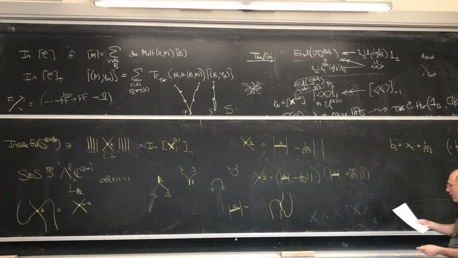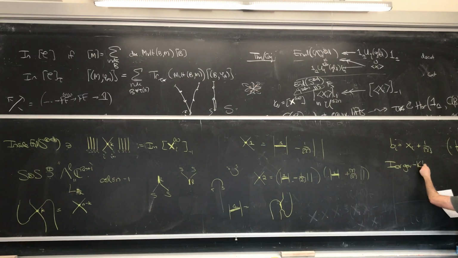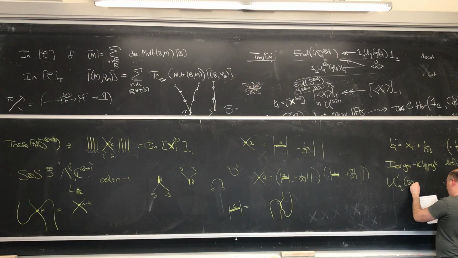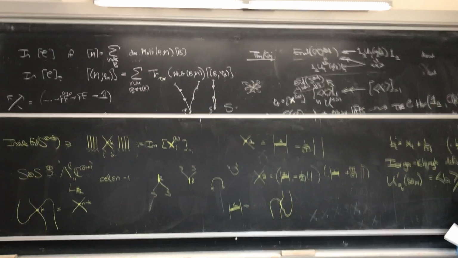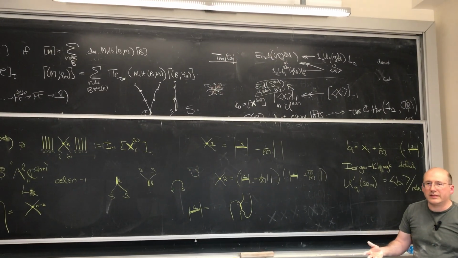And Yorgov, Klimek, oh God, did I get the I and the Y? Yorgov, Klimek defined an algebra, which they called U prime Q SO_M. They defined it by generators and relations as being defined by some b_i modulo some relations. These relations are kind of like the Serre relations in some sense.